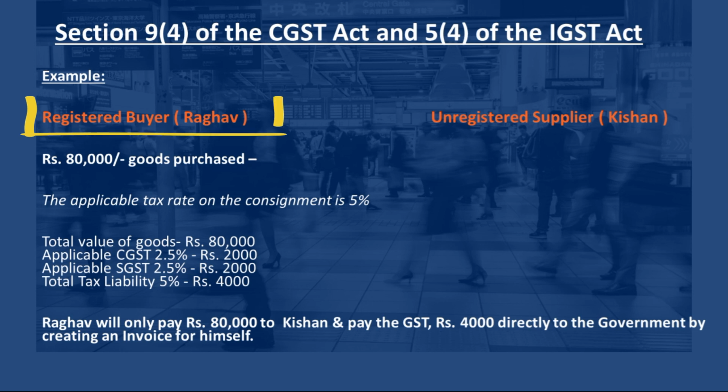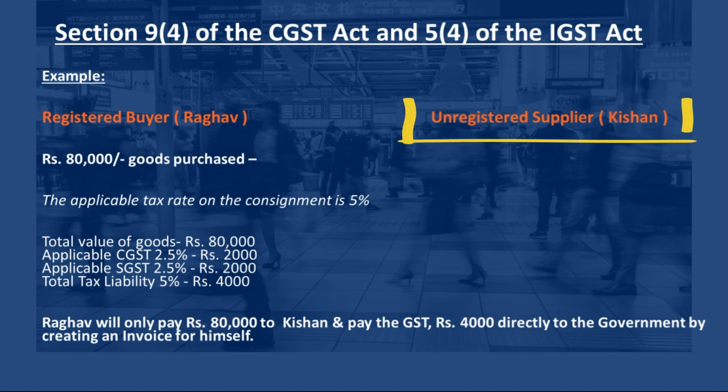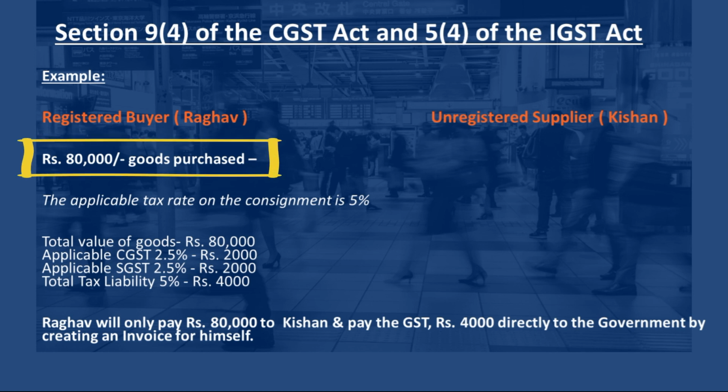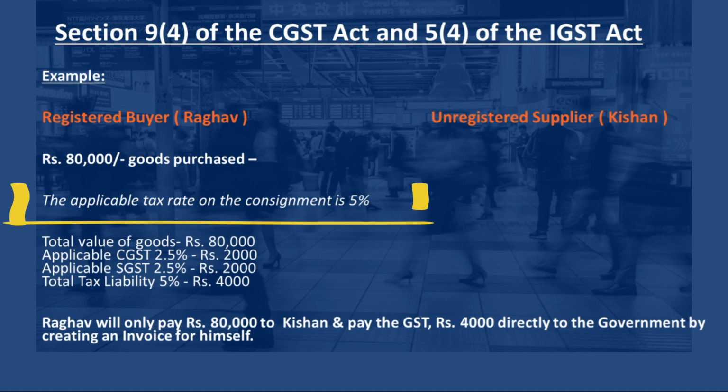For example, Raghav is a registered buyer and Kishan is an unregistered supplier. Raghav purchased goods worth rupees 80,000 from Kishan. As you can see, the applicable tax rate on the consignment is 5%. Total value of goods is 80,000.